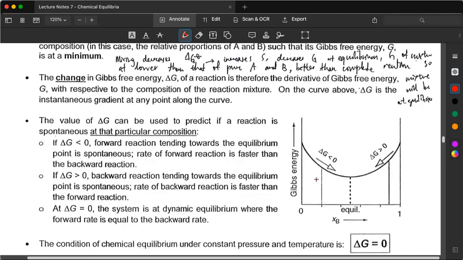The value of delta G can be used to predict if a reaction is spontaneous at a particular composition. If delta G is less than 0, the forward reaction tending towards equilibrium is spontaneous, and the rate of forward reaction will be faster. So we use Gibbs free energy to predict which direction is faster and which is slower.